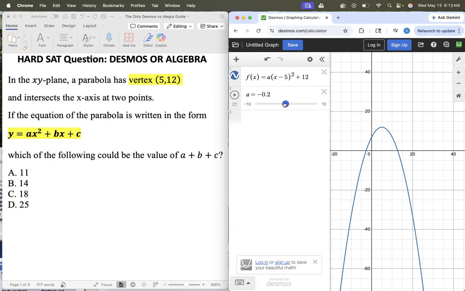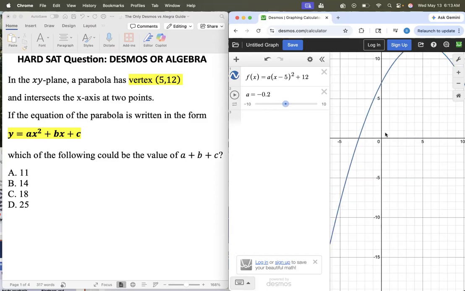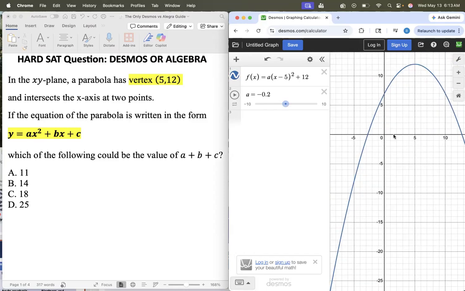Now, let's look at f of 1 when s is equal to 1. If I put s is equal to 1, this is x is equal to 1 here. When you look at s is equal to 1, the value, if you traced it, is less than the 12 here. This is 12. And this is your 5. This is your vertex. This is your 12. It's always going to be less than the 12.